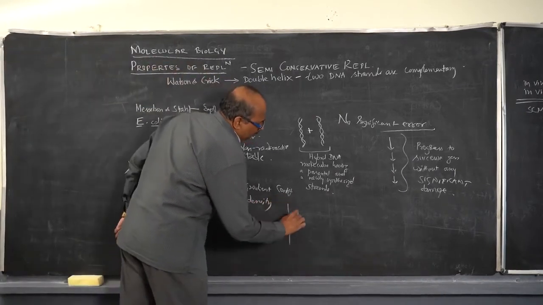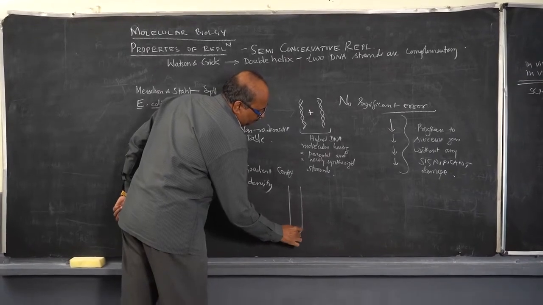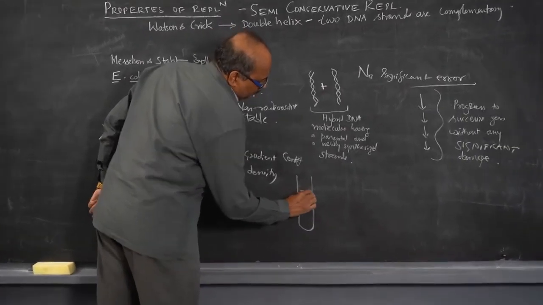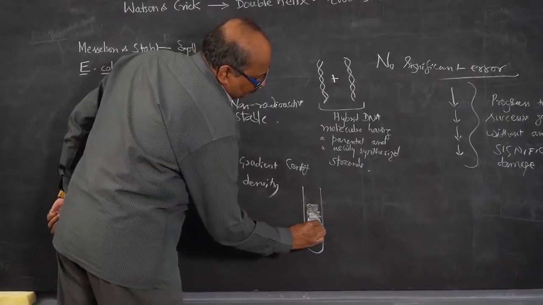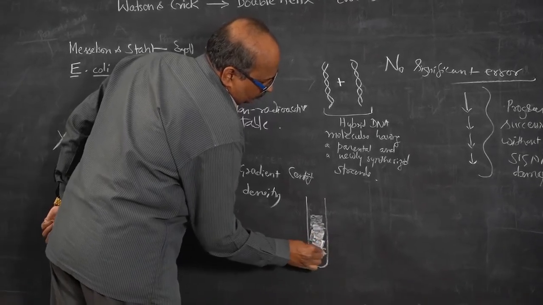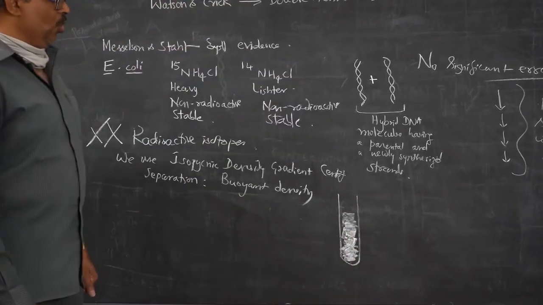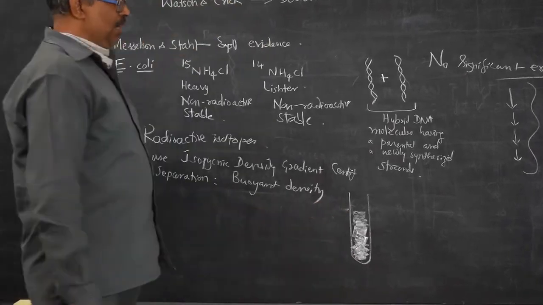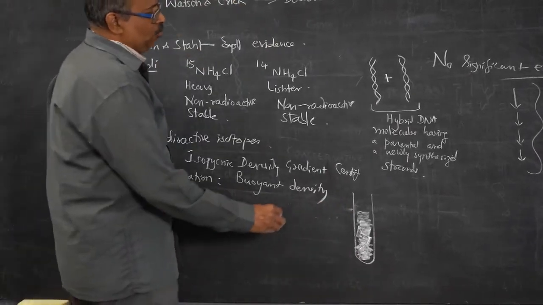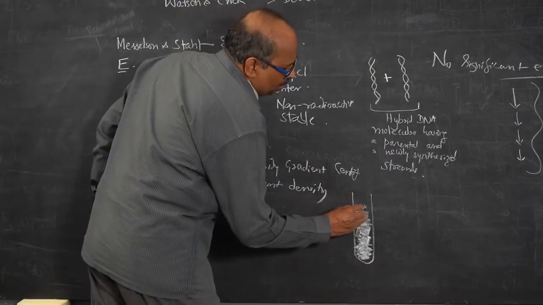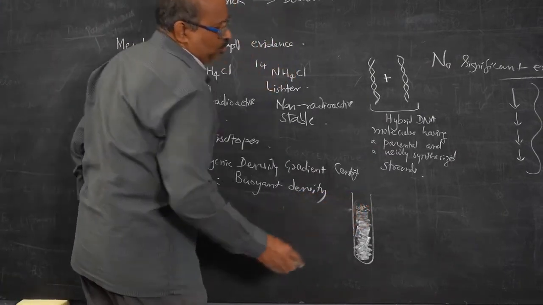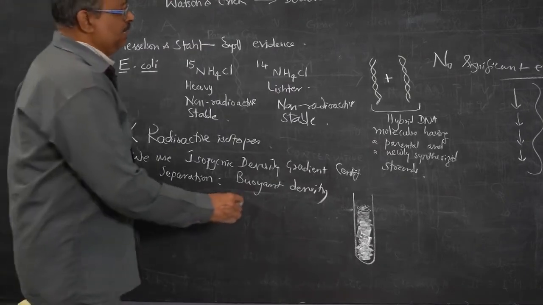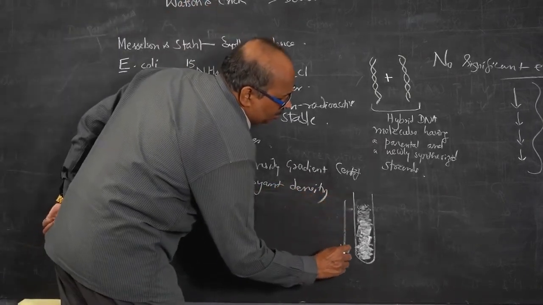So if you have a medium, a density gradient medium, you have low density at the top and highest density at the bottom. These are the particles that we have on the surface during the centrifugation. Then we do the centrifugation.